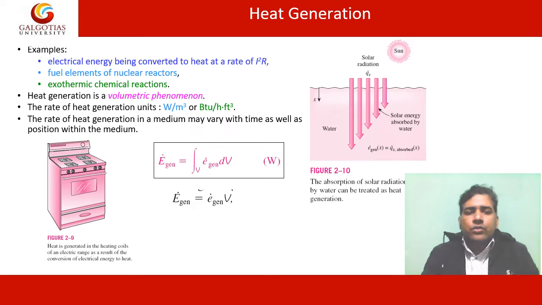We have seen that there are electrical heaters, or other electrical devices, which convert electrical energy into heat. The most common example of heat generation is the electrical heater. That electrical heater itself generates heat.